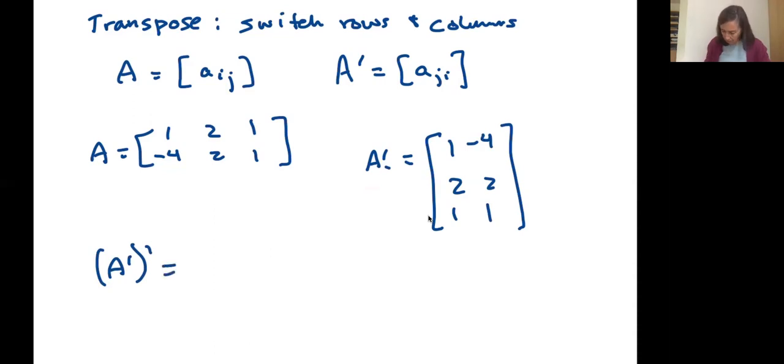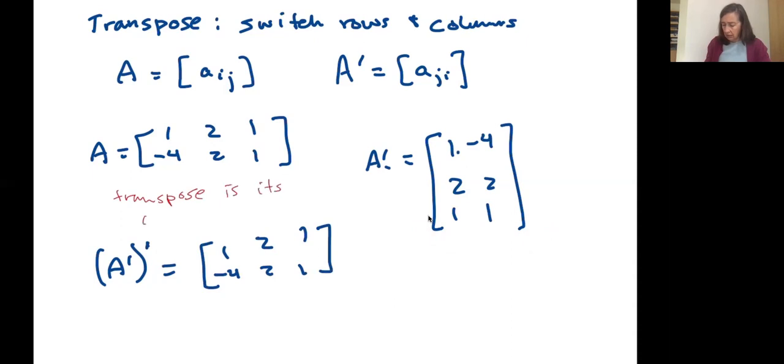Taking the transpose of this, my first row here is my first column, negative 4 and 1, 2, 2, 1, 1. I get back to where I started there. Transpose is its own inverse.